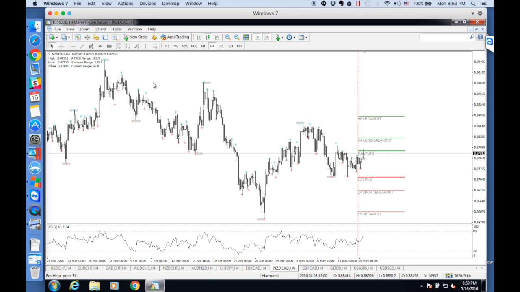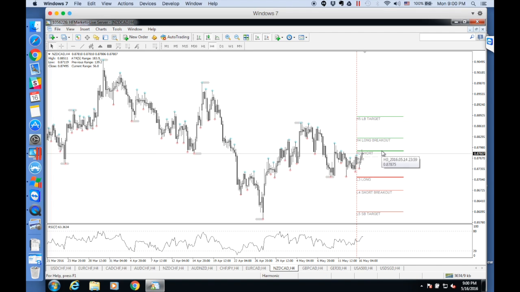Okay, so if you look at this chart, what you are seeing is that currently the price is at this level. There is no clear direction as to where it's going to go because it's still hovering in the middle. So basically, what it's doing now is in a range environment. When it's a range environment, you want to adopt the strategy which deals with patterns.